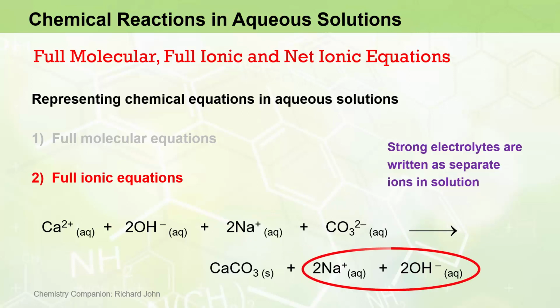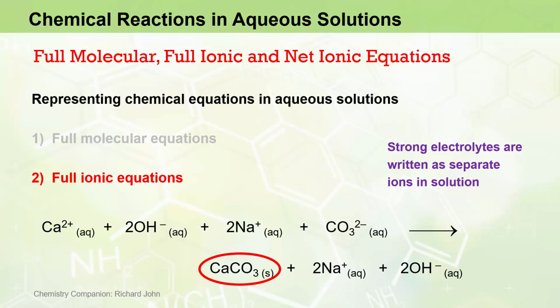And the soluble sodium hydroxide compound is written as separate sodium ions and separate hydroxide ions. You will also note that the solid calcium carbonate that is formed is insoluble in water and therefore not a strong electrolyte and therefore not written as separate ions but rather kept intact as the whole ionic compound.